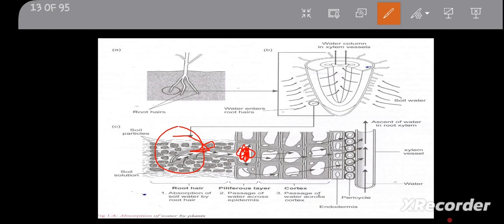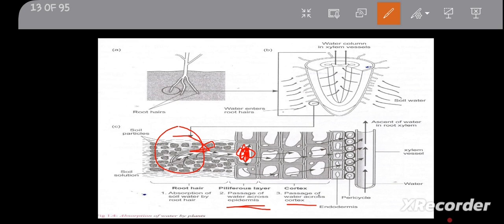The moment this water reaches the cell sap, that is region 2, it dilutes the solutes in the cell sap, and because of that, the concentration of region 2 becomes lower compared to region 3. Water therefore moves from the cell sap of the root hair cell to the cortex.